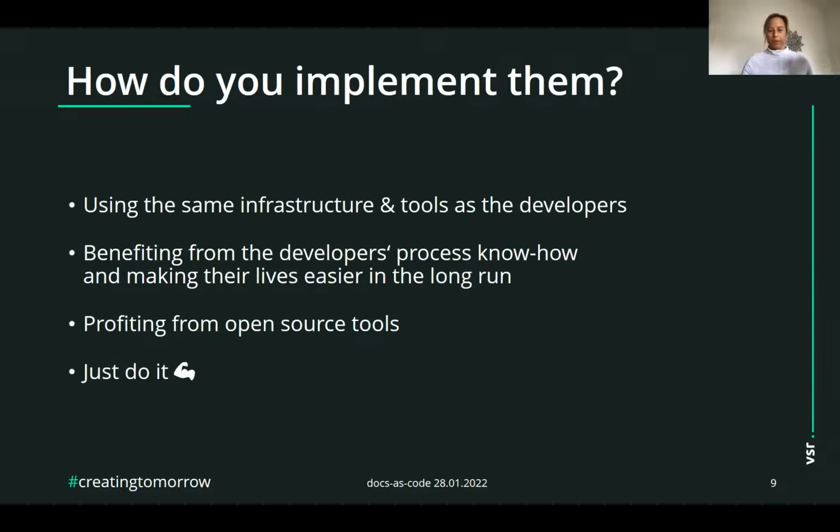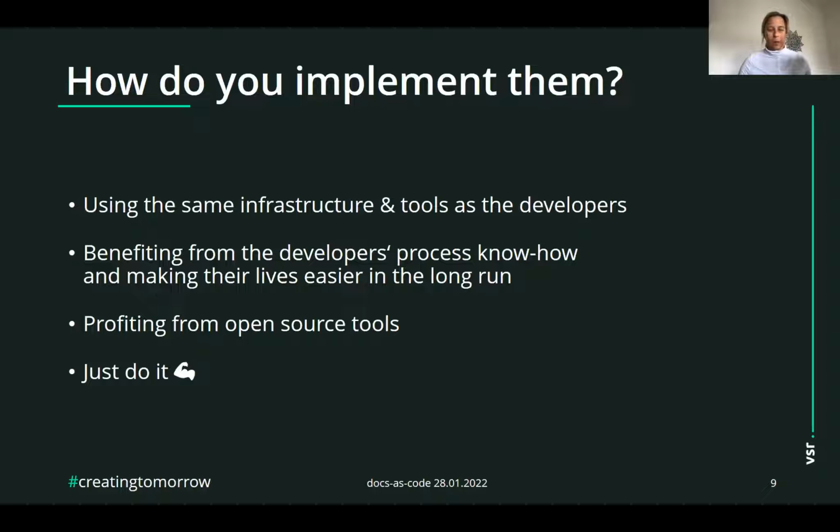How can you implement these then? As we already learned, docs as code comes from the software development side. And when you work in a software company, all the infrastructure and the tools are already there, right? And the developers are also there, and they have all the knowledge.